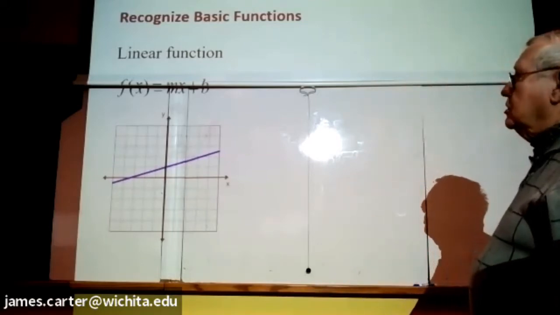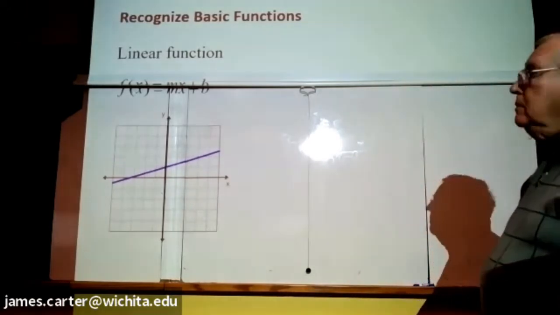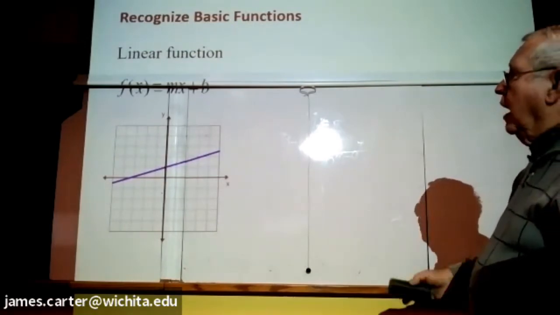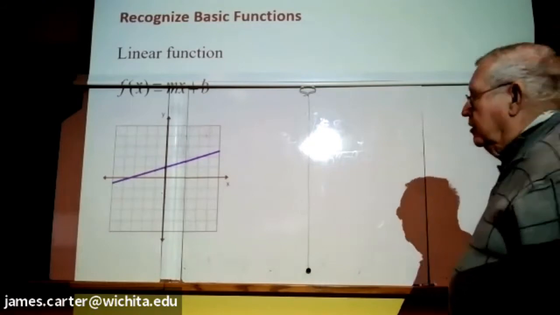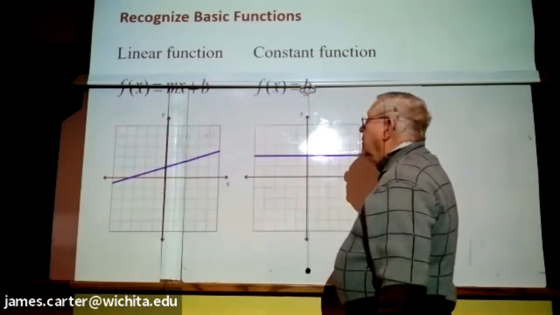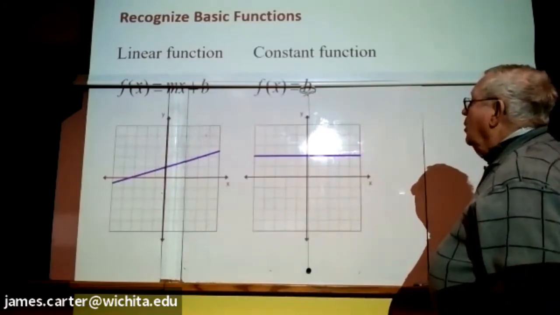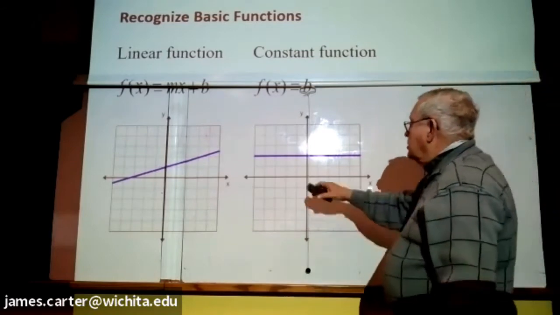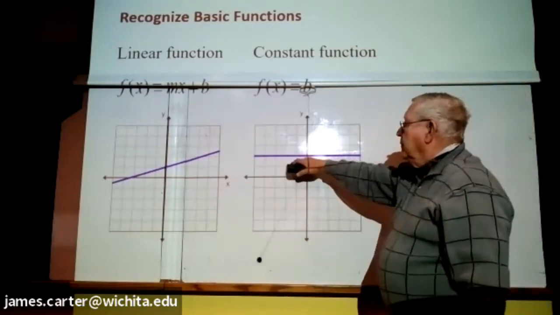Recognize basic functions. A linear function, or linear means straight line, y equals mx plus b. They're just using function notation instead of the y. Okay, y equals b. That just means it's a horizontal line.